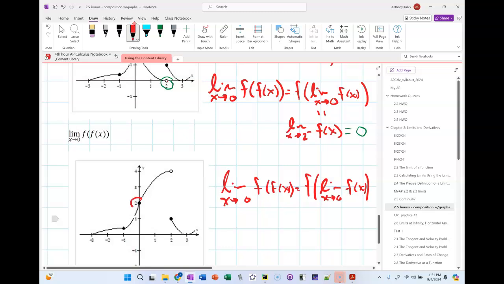And that limit is 2, right? But that's happening at a discontinuity, so I know I can't just plug the 2 in, right? You guys see that? Because it's plugging it into a discontinuity. Bad.